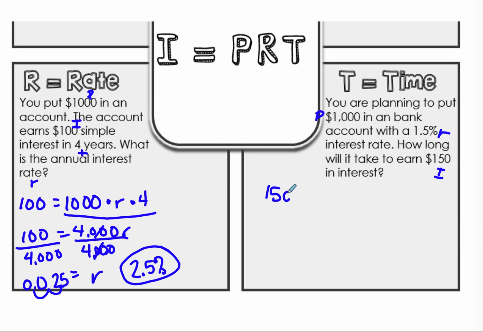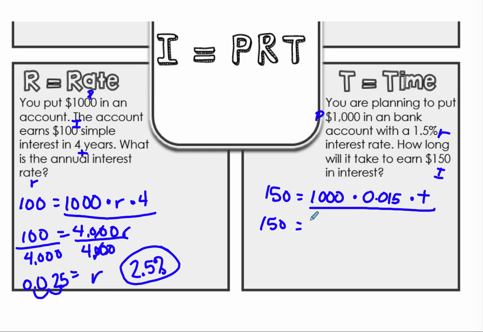So $150 equals our principal, $1,000, times our rate as a decimal, 0.015, times our time, which we don't know. So we're going to start by multiplying the things that are on the same side of the equation together. So we're going to do 1,000, and we're going to multiply 15 thousandths, and then we're going to multiply our time.